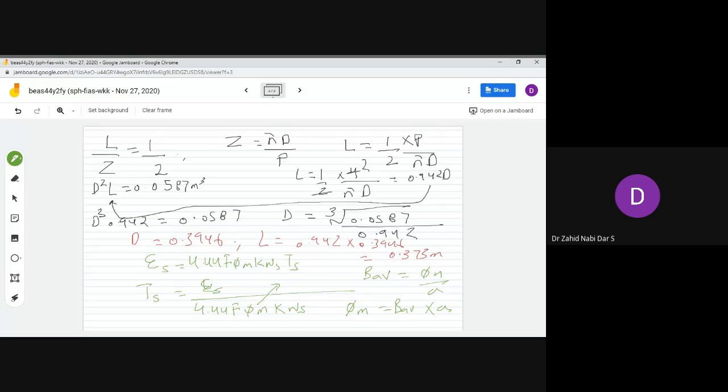So your area is pi dl, and per pole pi dl by p.